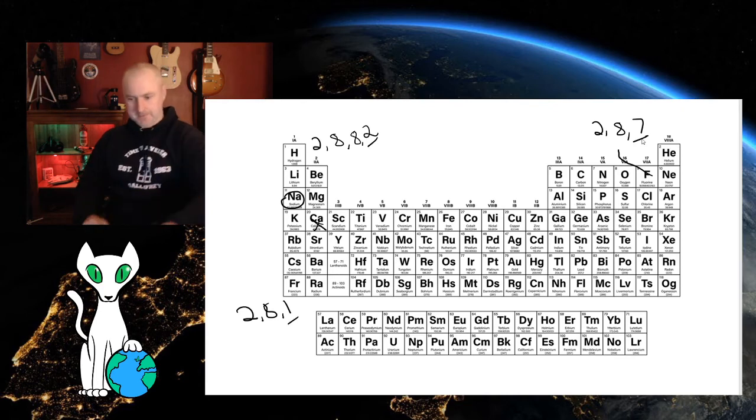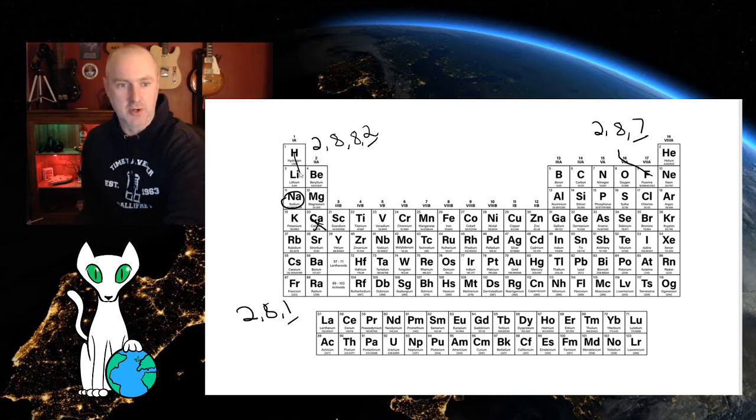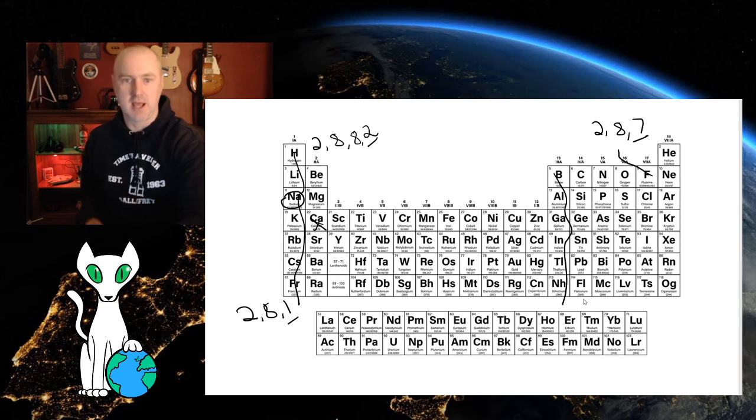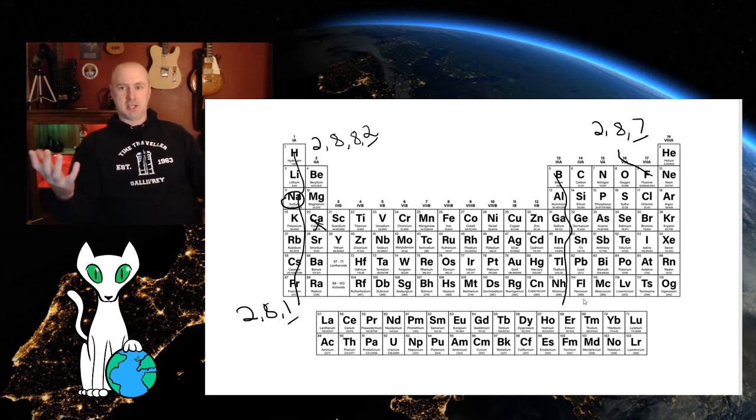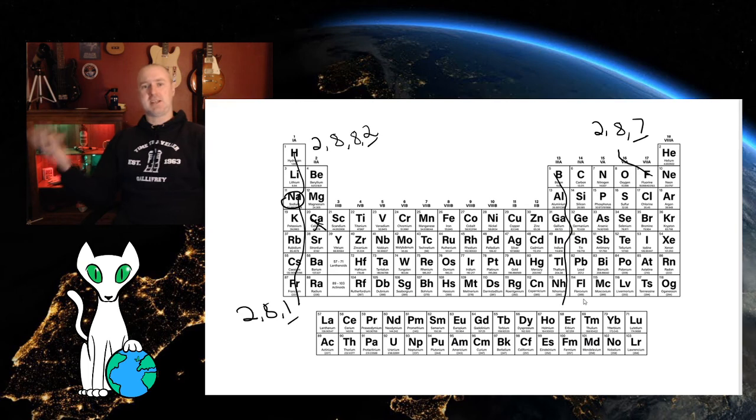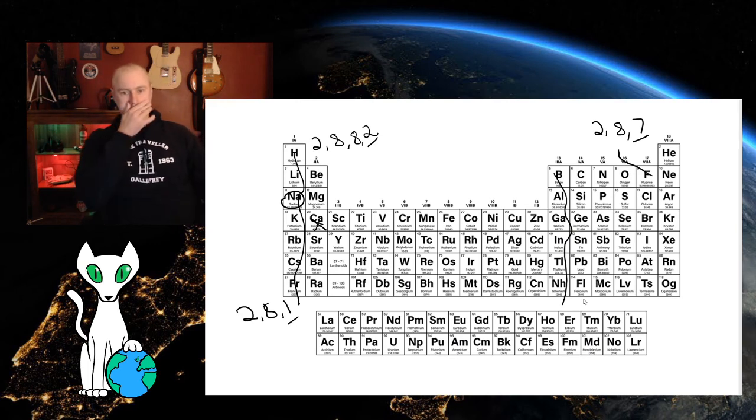Very, very, very important. So any of these elements in group 1 here, any of them, will all have 1 electron in their outer shell. Any of these elements here in group 3 that you will encounter will all have 3 electrons in that outer shell. Any of them in group 7 will have 7 electrons in their outer shell.